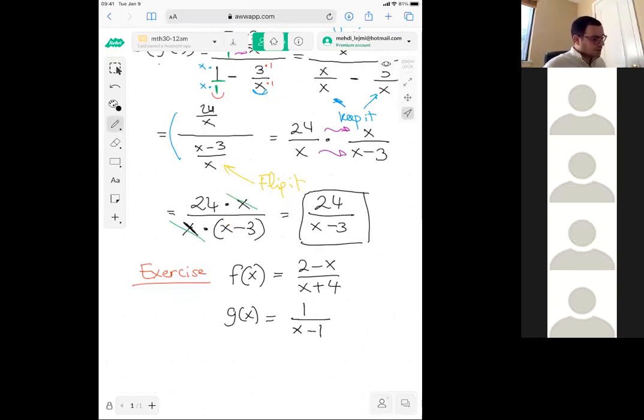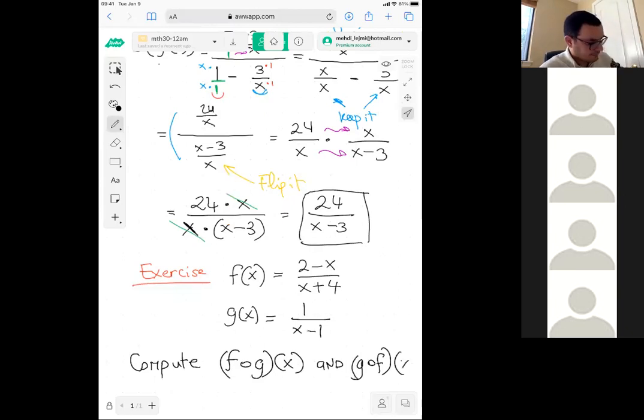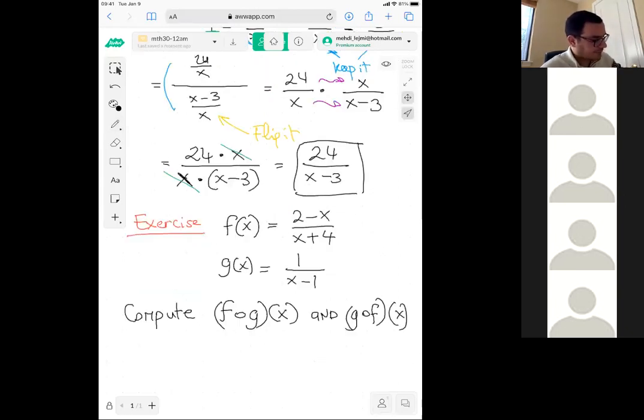So what you need to do, guys, please compute or find f composed with g of x, right? And g composed with f of x.